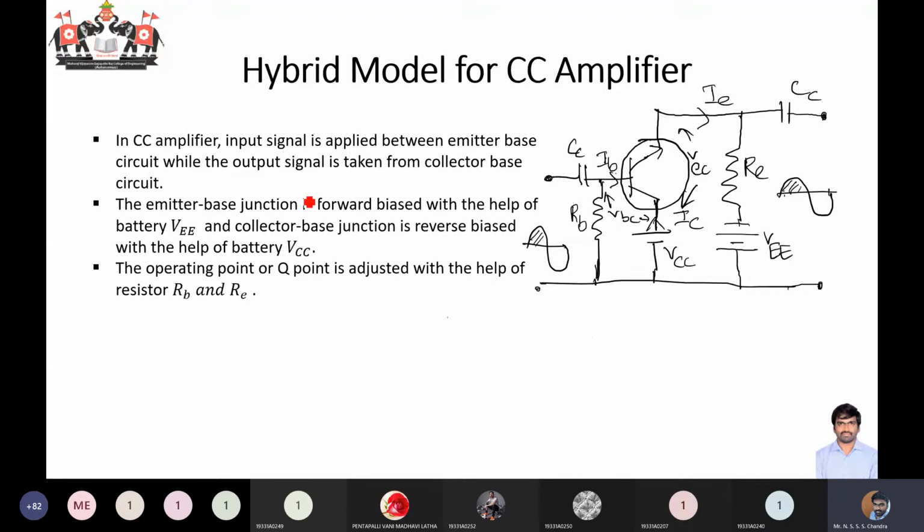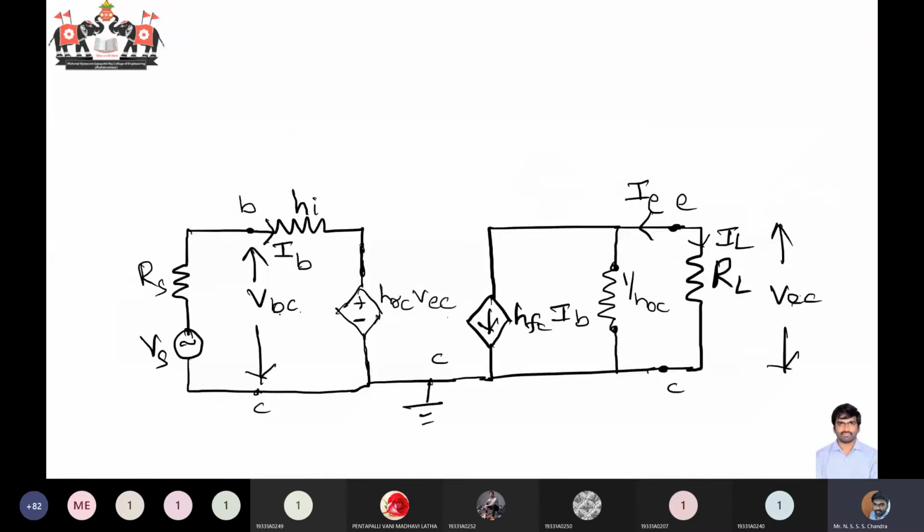The emitter base junction is forward biased with the help of battery VEE, and the collector base junction is reverse biased with the help of battery VCC. This is an NPN transistor, so at the collector we are giving the positive battery VCC and a negative battery VEE. So this is your common collector configuration hybrid model.